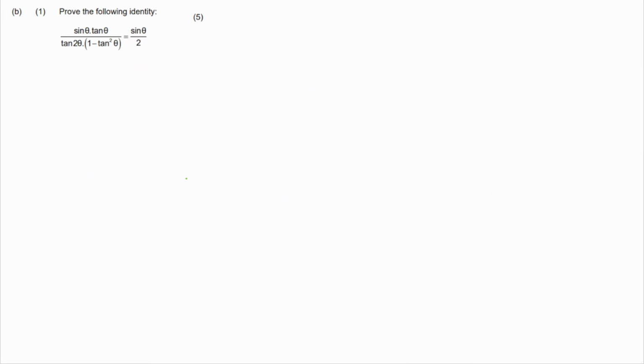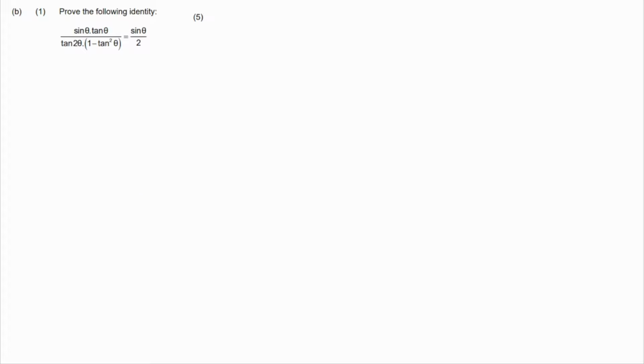So now we need to prove this identity. Whenever we prove identities, what I'd really recommend is choosing the most obvious simplification, the things that you convert easily.